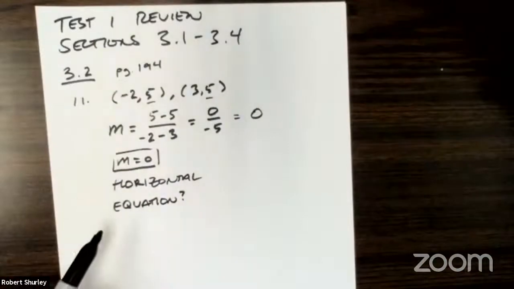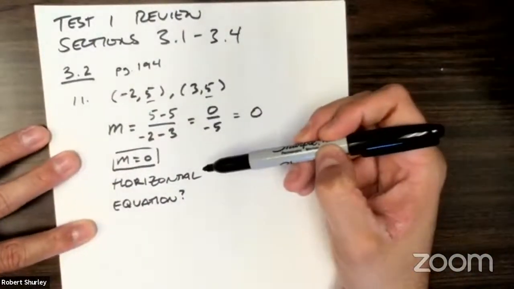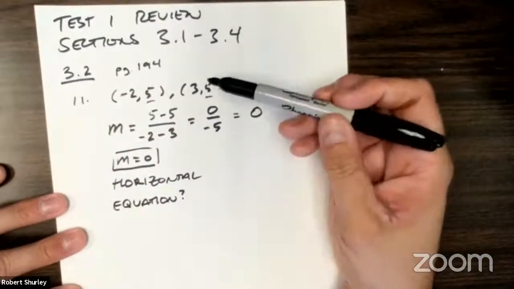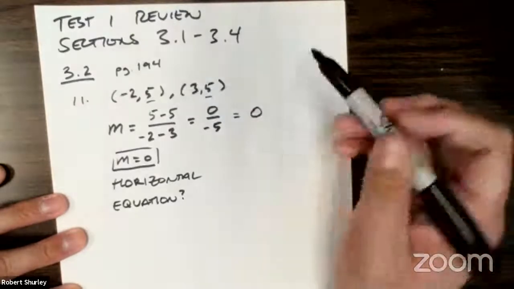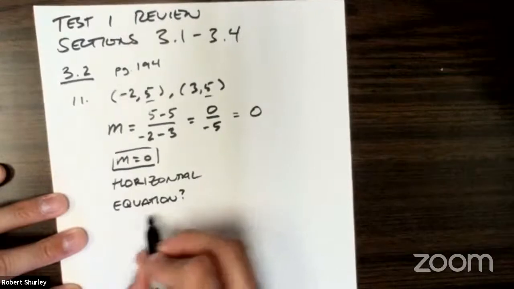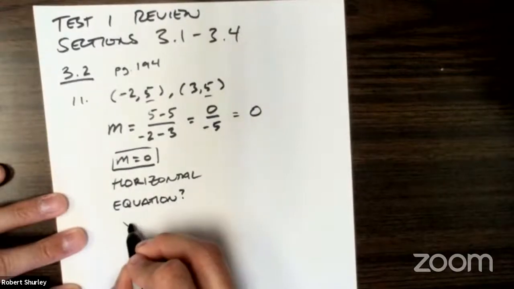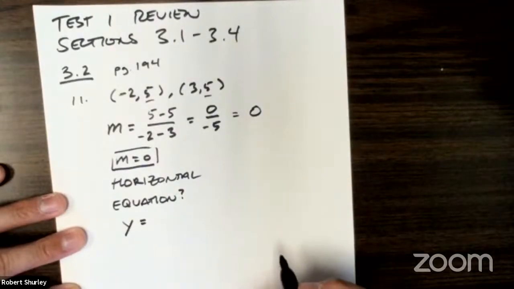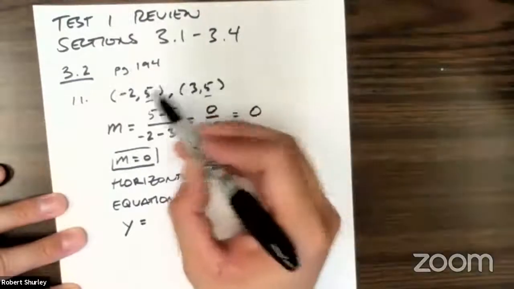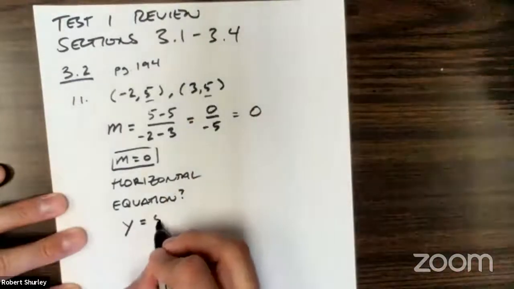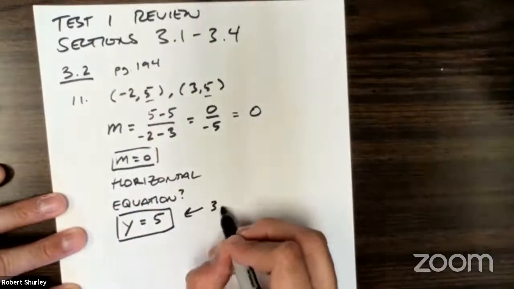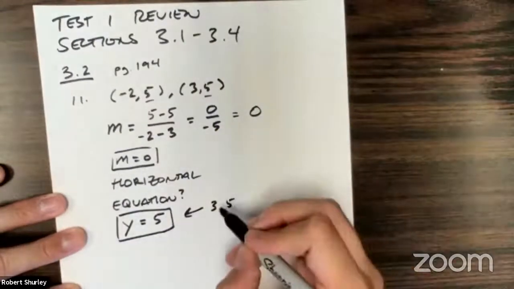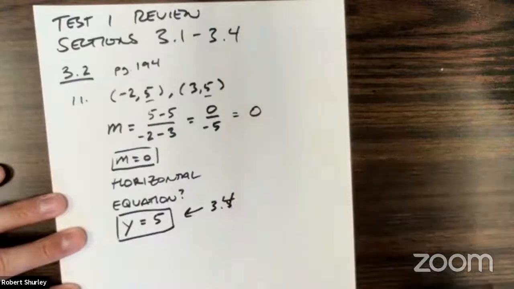But I could know the equation as well, because remember, if we've got a horizontal line, notice the value that's stuck here. The y value stuck, right? If I've got a horizontal line and I want to find the equation, it's always y equals whatever the y value is. So y equals 5. So that's 3.4. Because I just wrote 5.